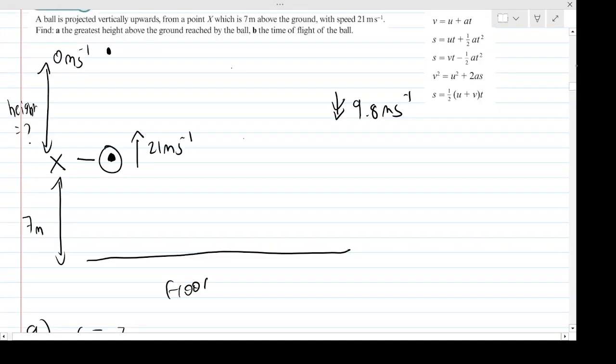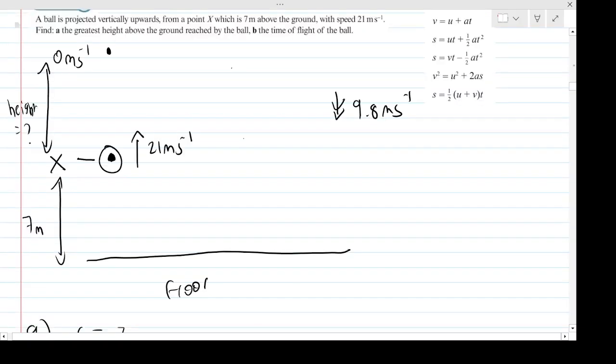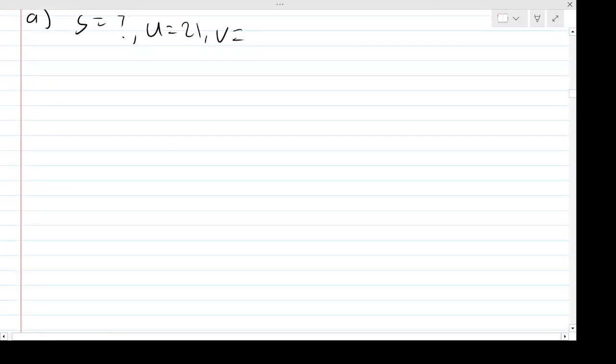So the initial speed is 21. V, I know what V is. It has to be 0 if it comes to rest. If it stops moving upwards and then comes back down, it'd be 0.